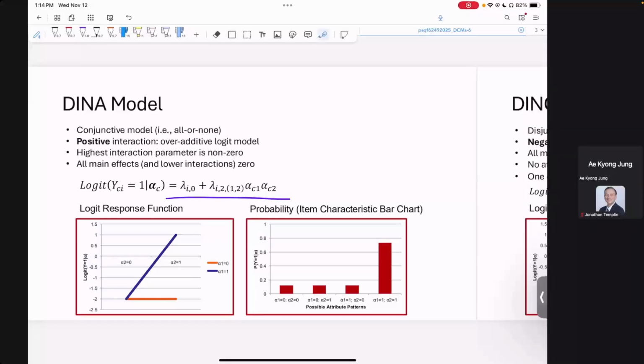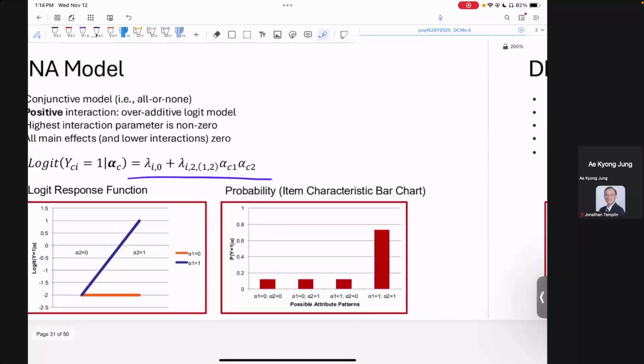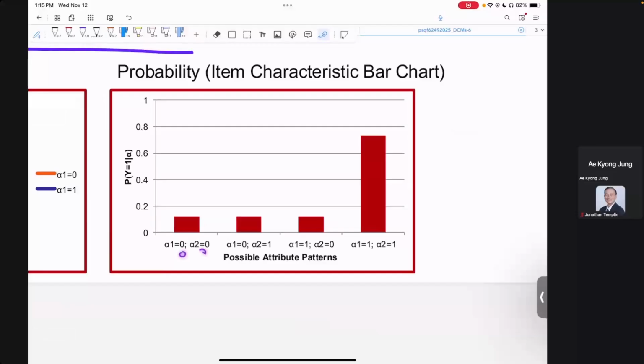For class 0,0, the probability is around 0.1. Even if this class masters attribute 2, the probability is still 0.1. And for the 1,0 profile, even if this class mastered attribute 1, its probability is still 0.1. But if you mastered both attributes 1 and 2, then it has a high probability.